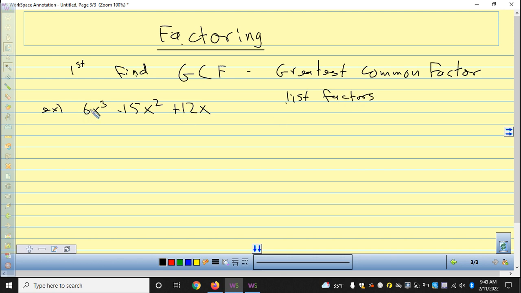So 6x to the third is 2 times 3 times x times x times x. Negative 15x squared is negative 3 times 5 times x times x. And 12x is 3 times 4 times x.